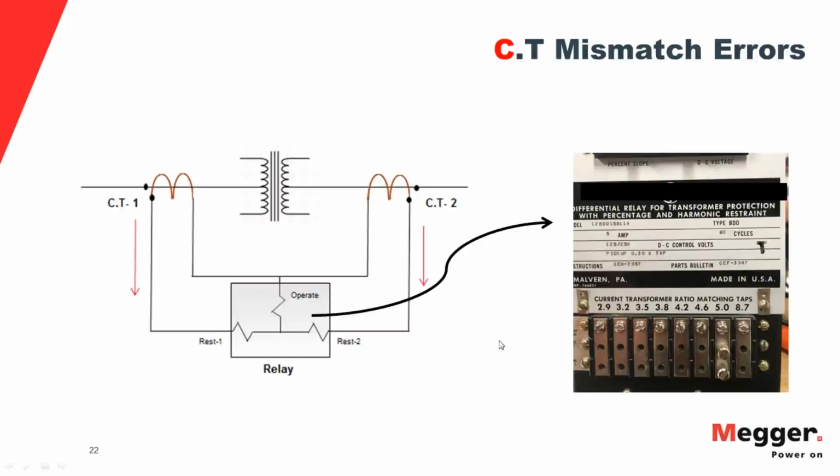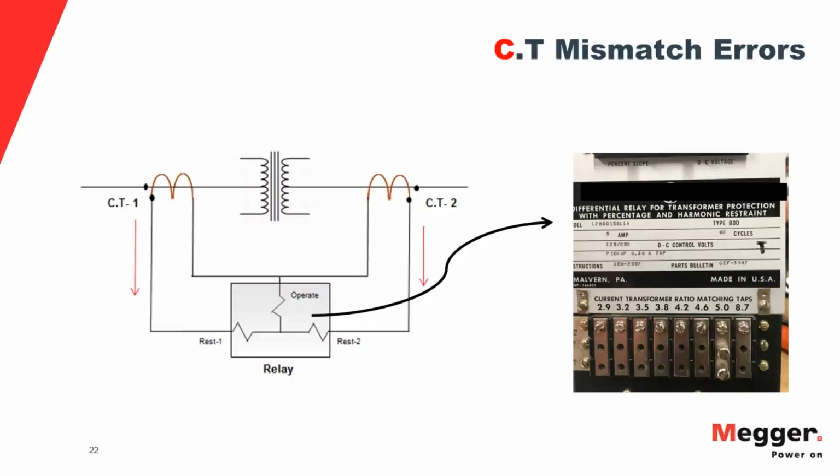So let's take an example of what I'm trying to say. Let's assume we have a 50 MVA transformer, 110 kV on the high side, 33 kV on the low side. If you compute the primary current, it comes out to be 454.54 amps, and the secondary of the transformer will see a current of 1515 amps.